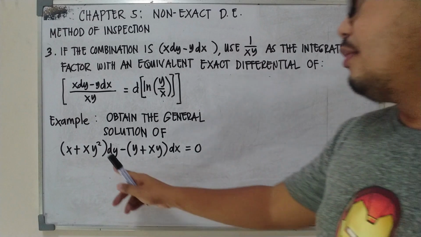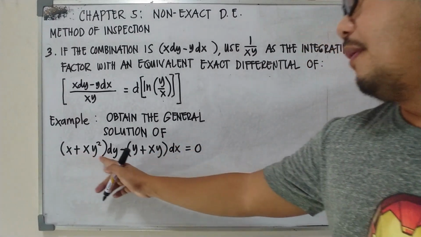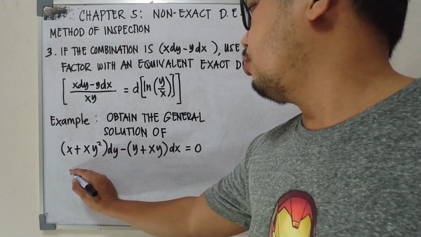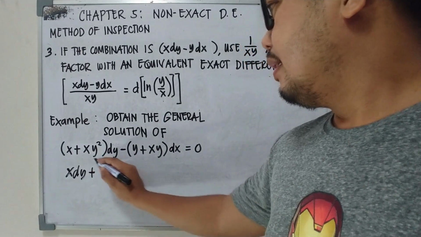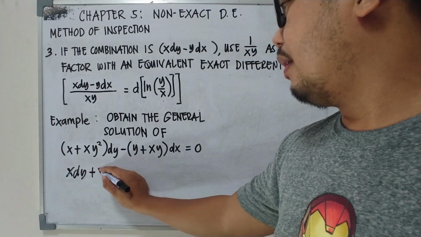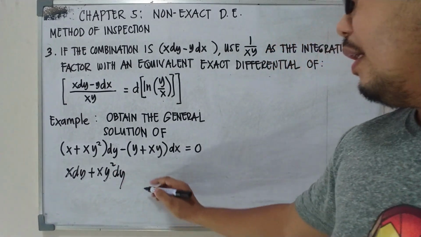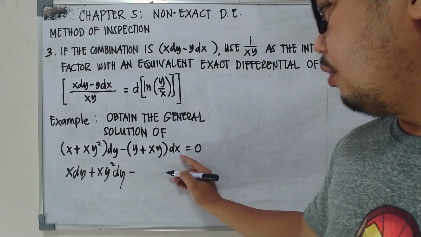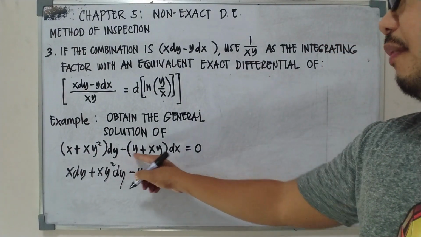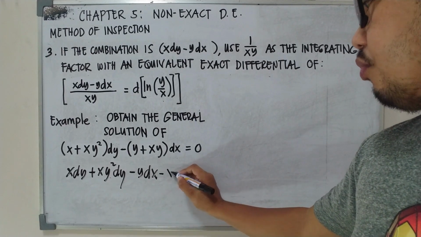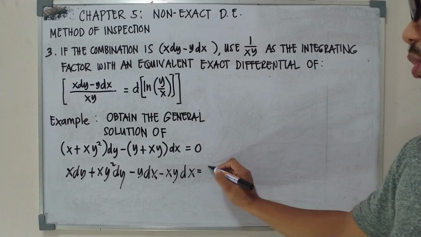Okay? So let us proceed multiplying this dy and dx doon sa loob ng terms. So x multiplied by dy is x dy, then plus y squared multiplied by dy is xy squared dy, and negative y multiplied by dx is negative y dx, and negative times positive is negative xy dx, and this is equals to 0.